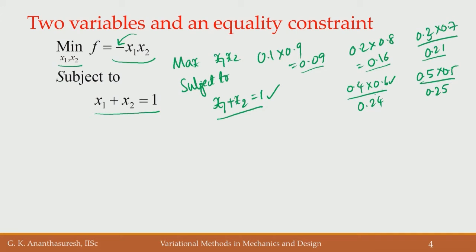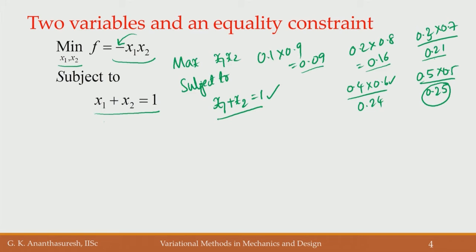Now 0.6, 0.4 will be the same, 0.7, 0.3, 0.8, 0.2, 0.9, 0.1, and then 1, 0. Among all of these you see that this is the largest. So, we can see that there is a way to solve the problem, but then we are trying all possibilities.